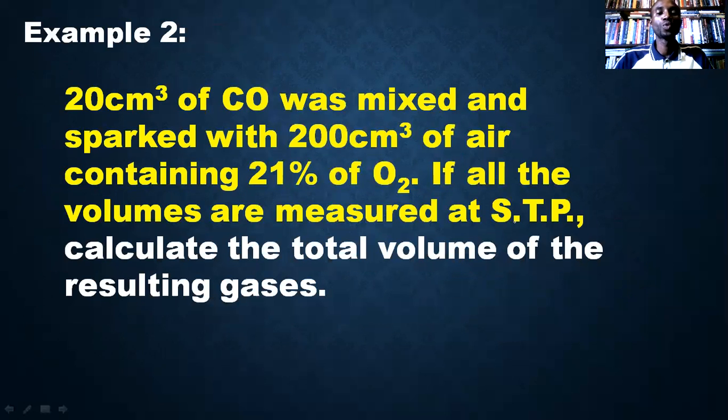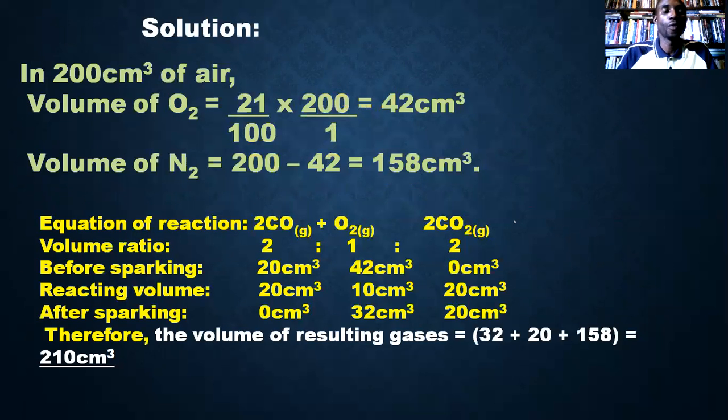Another question: 20 volume of carbon 2 oxide was mixed and sparked with 200 cm cube of air containing 21% of oxygen. If all the volumes are measured at STP, calculate the total volume of the reacting gases. We are going to start by first knowing that 200 cm cube of air means that oxygen is 21%.